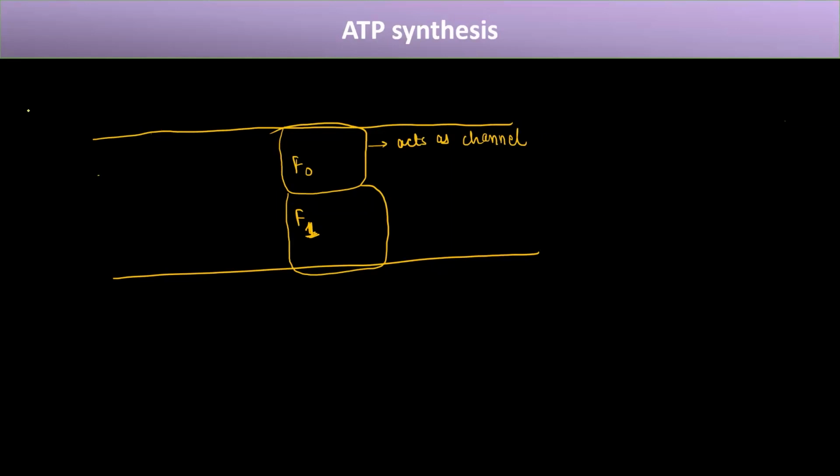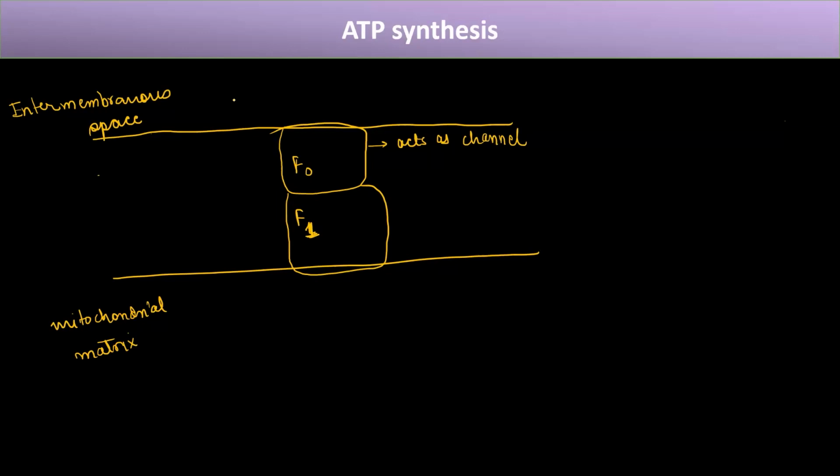Basically, it transports the hydrogen ion from where? This region is your intermembranous space. And this region here is your mitochondrial matrix.